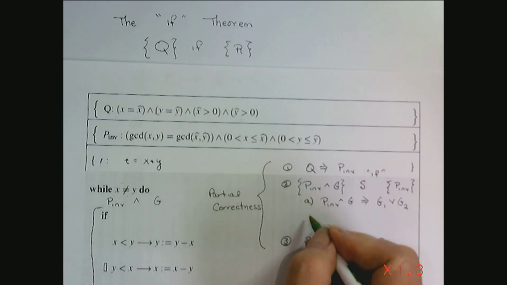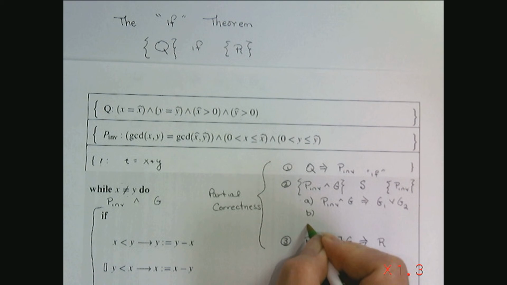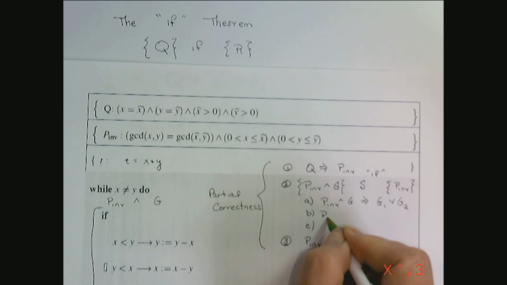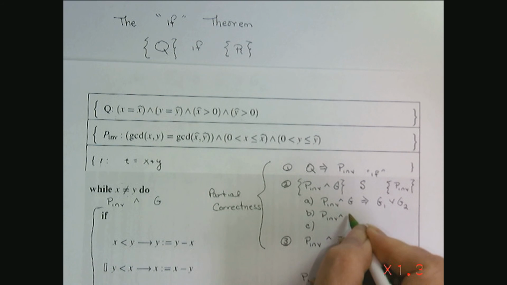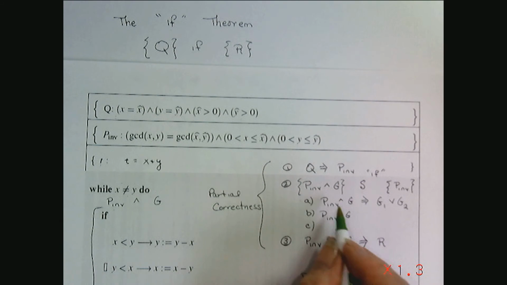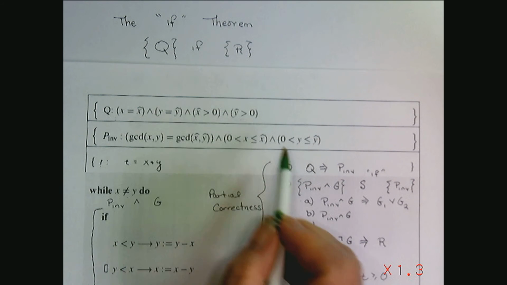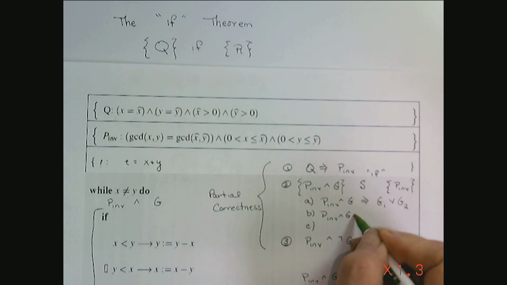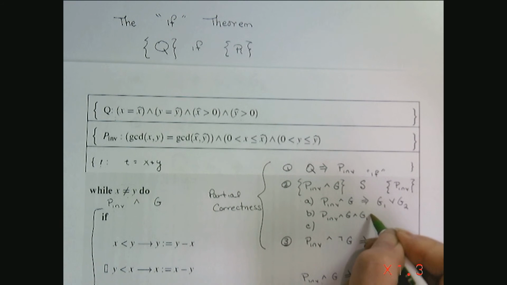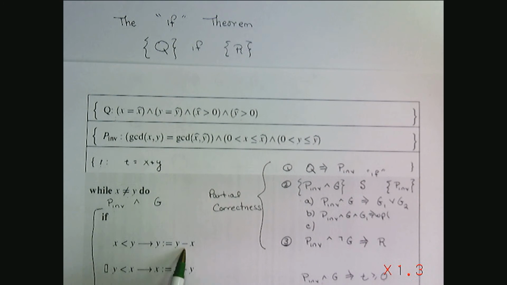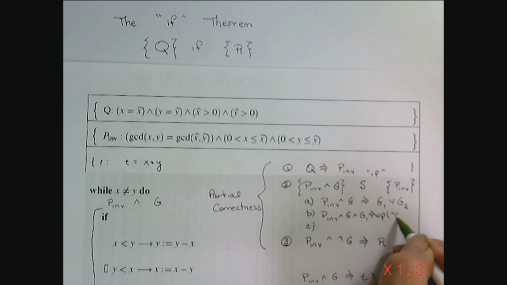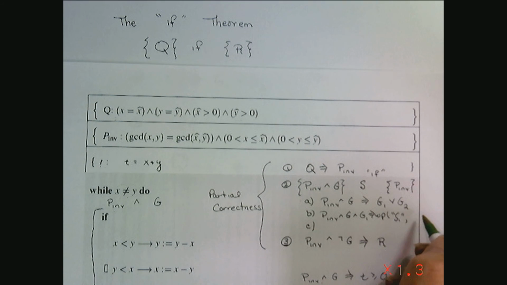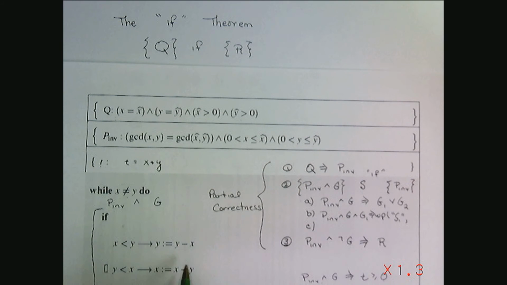Then we would need to show for each one of the guards that the invariant and the guard, since that's the precondition for the if, and let's say the first guard, implies the weakest precondition of the command corresponding to the first guard, y becoming y minus x, leading us into a state satisfying the postcondition for the if.